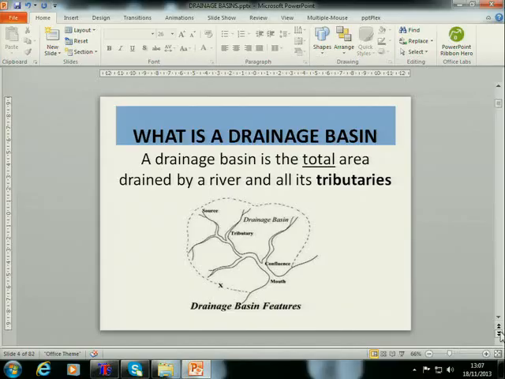If we look at what a drainage basin is, you will see that all the areas, ground and water, between those dotted lines are a drainage basin. In other words, the whole area that contributes to water in that river, in that specific system between those dotted lines, is called a drainage basin.